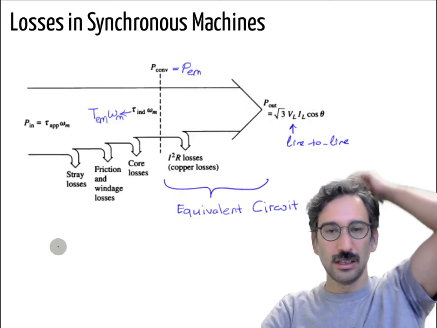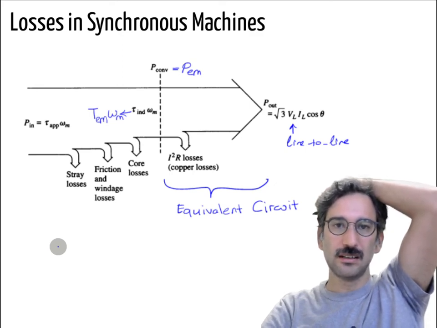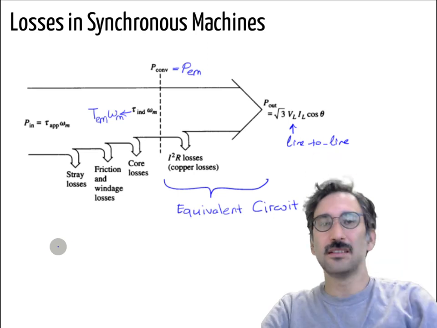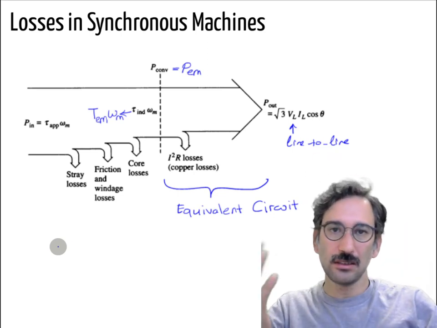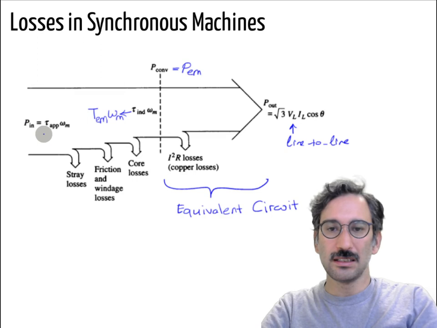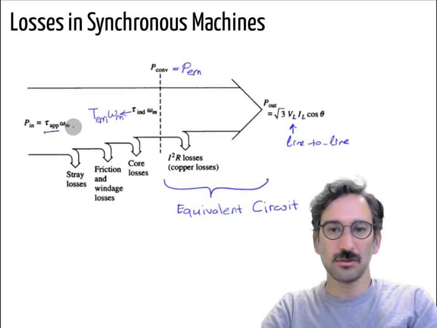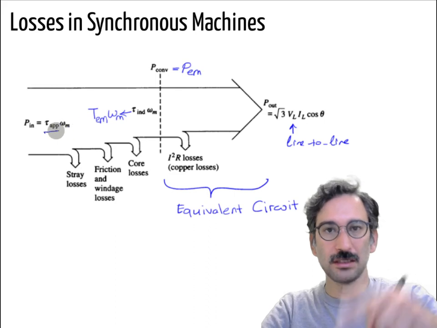We all talk about the ideal case, so we didn't include any resistive components or anything like that. But in reality, there are some losses in all systems. Our power flow, if it is working as a generator, starts with the actual applied torque times the mechanical rotational speed.